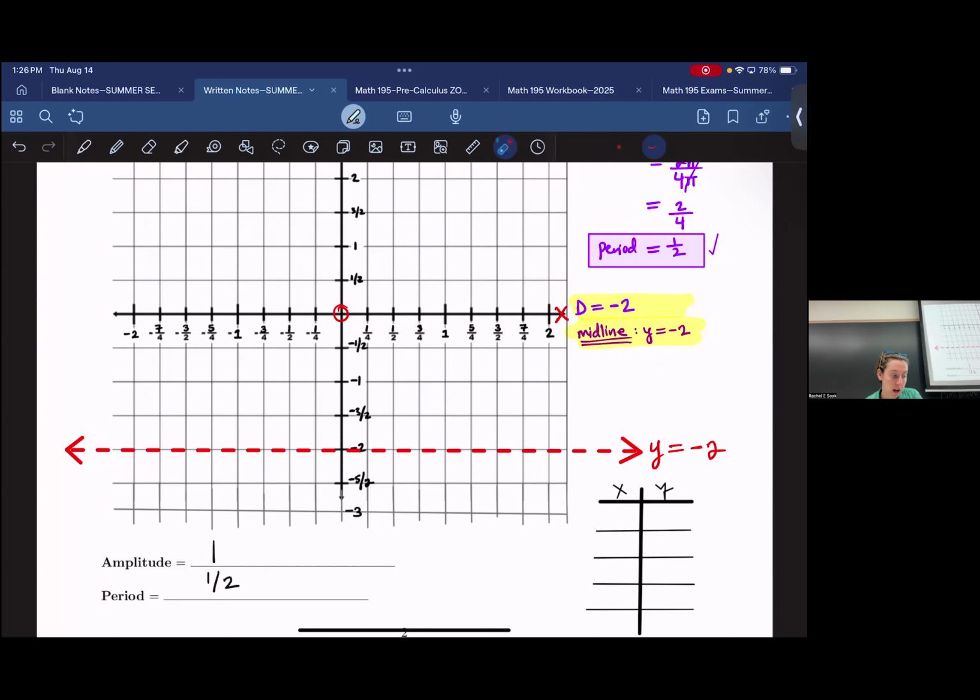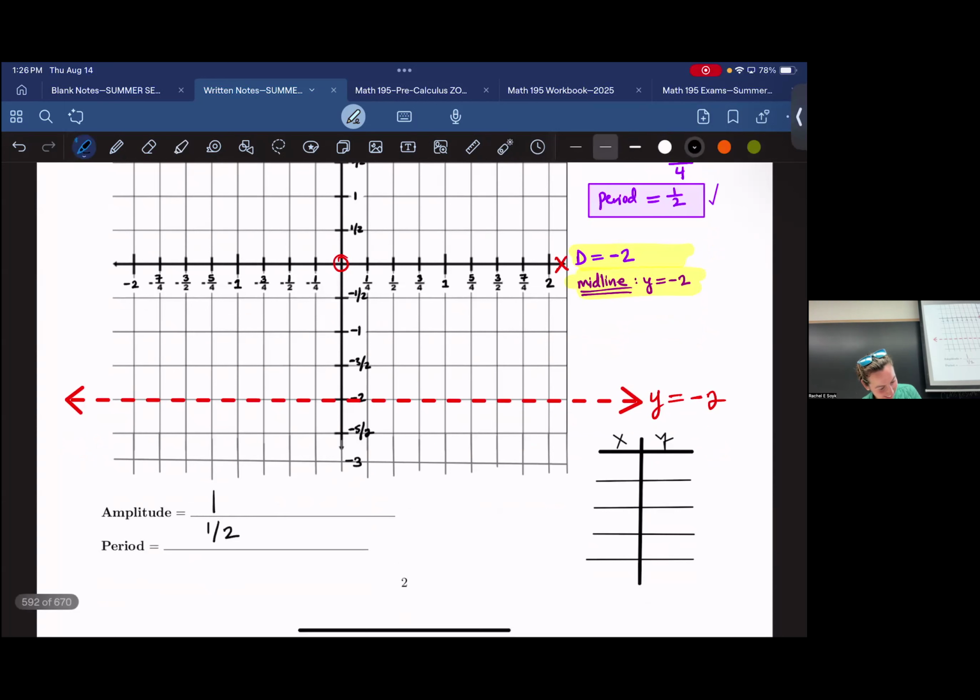Let's choose between 0 and 1/4, which is 1/8, 1/4, between 1/4 and 1/2, which is, what is it? Yes, thank you. 3/8, and then 1/2.